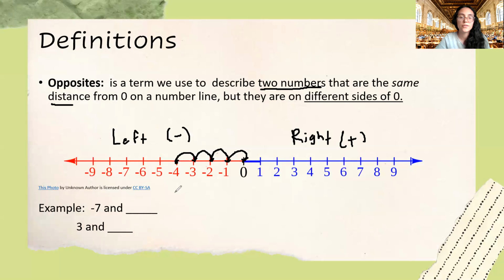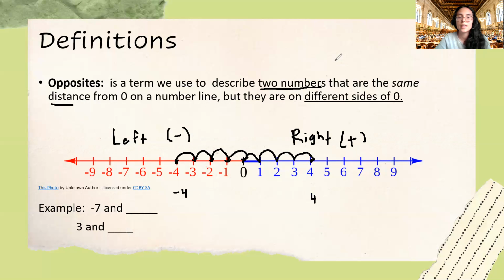The opposite of -4 is going to be on the right side, and it's going to be +4. If we count, it'll be 1, 2, 3, 4, and indeed +4 is exactly 4 units away from zero, as well as -4. So that's what we mean by opposites. We're describing two numbers that are the same distance from zero, and they are on opposite sides of zero. So one is on the left side and one is on the right side.